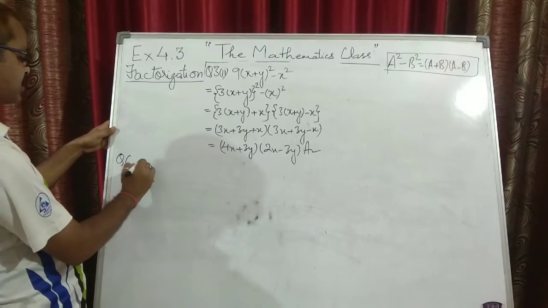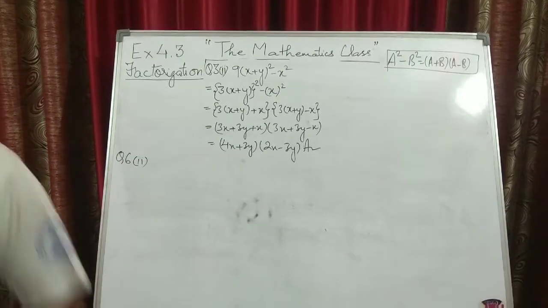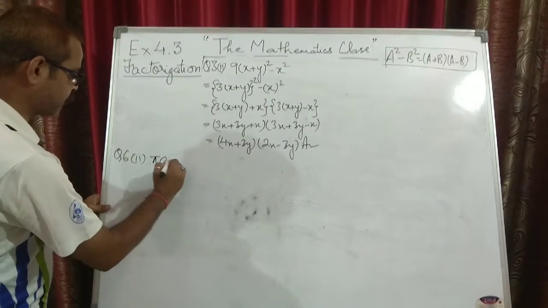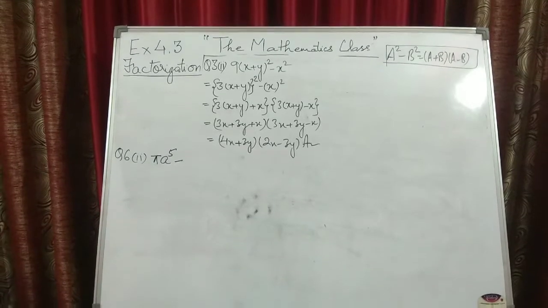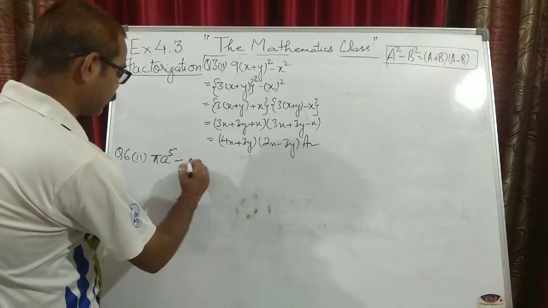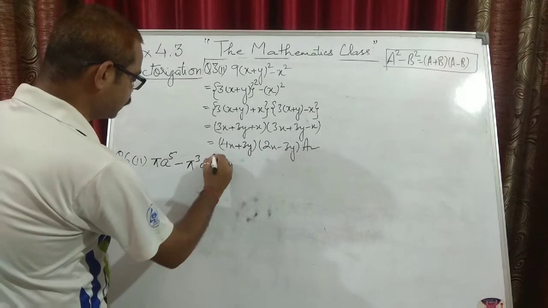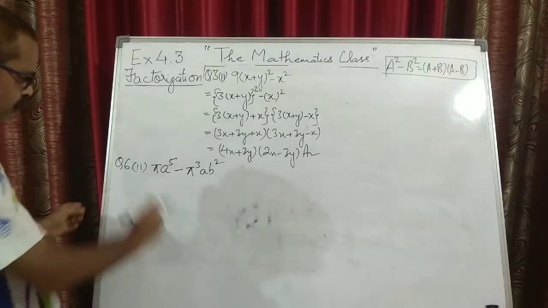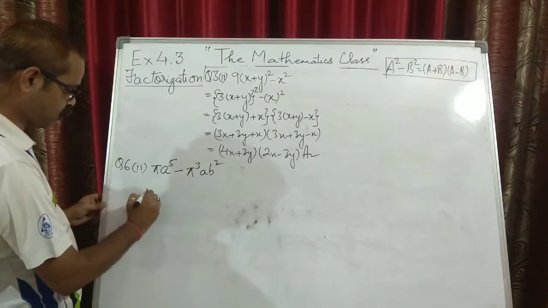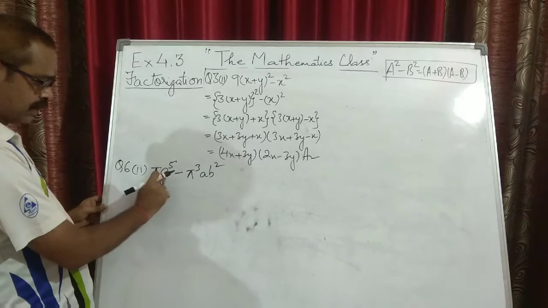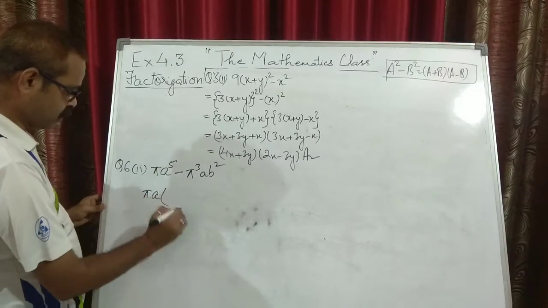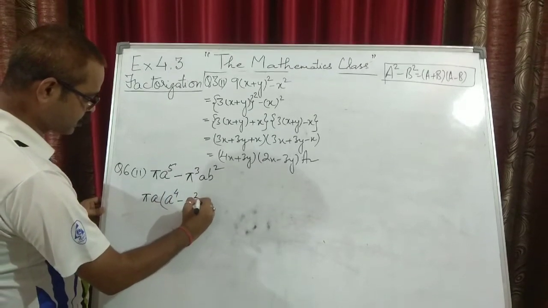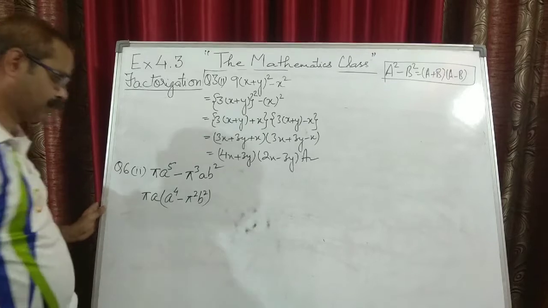Now I will be taking question number 6, second part. Question number 6 is pi a to the power 5 minus pi cube ab square. Now in this, first of all, we need to take something common. What you can say, pi. So pi common taken. A to the power 5, so a common taken. What is left? A to the power 4 minus pi square and b square.